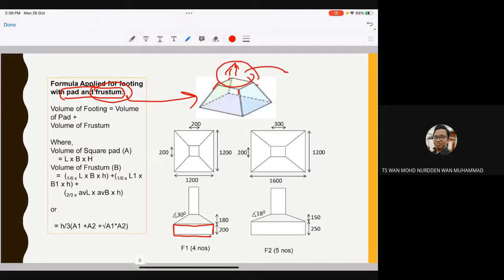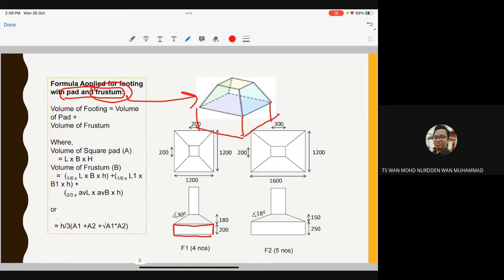So because of what? Because of later ke atas ni dia akan angkat kolom lah. Okay, kolom ke atas lah. So this one kita panggil sebagai frustum lah bentuk dia. Okay, frustum. So volume of footing ni contoh. So dia akan jadi macam tu lah basically.